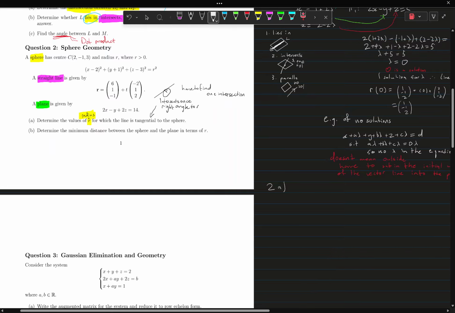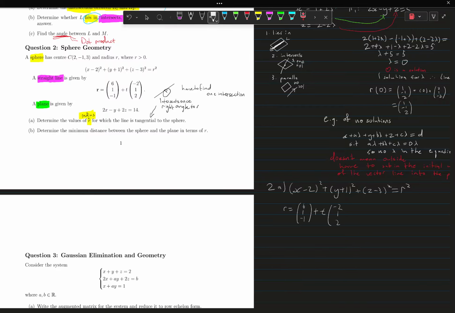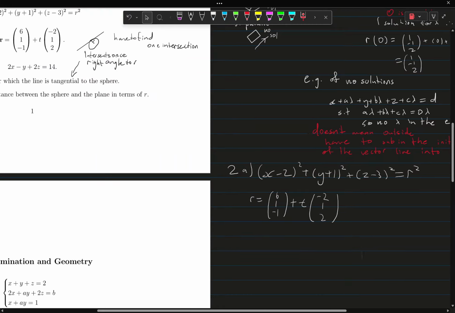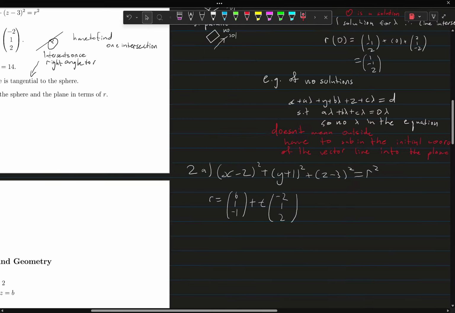So we have the center with 2, -1, 3. So we have the equation of the sphere. And we have the straight line. Now, this is tricky because we have 2 unknowns, right?